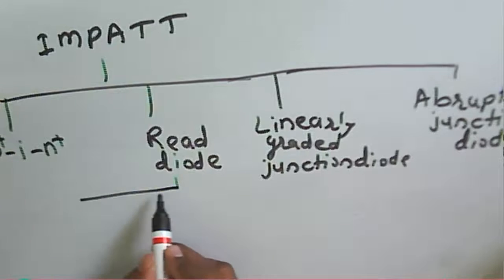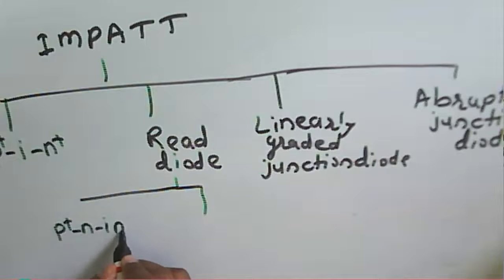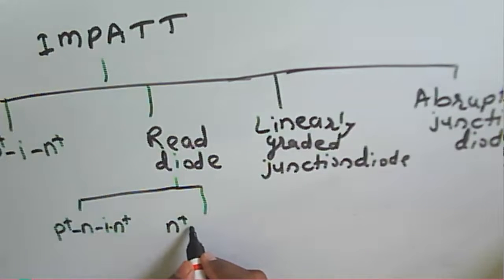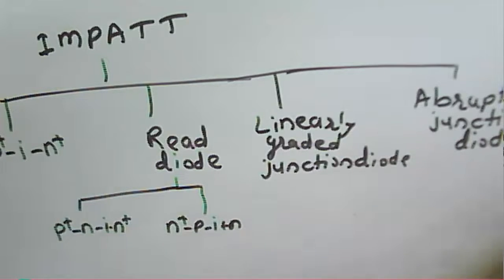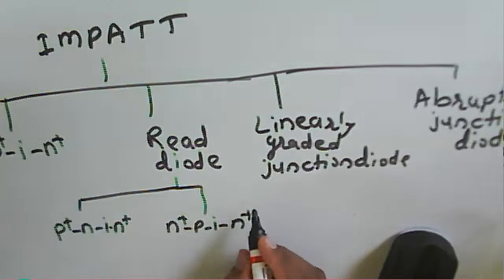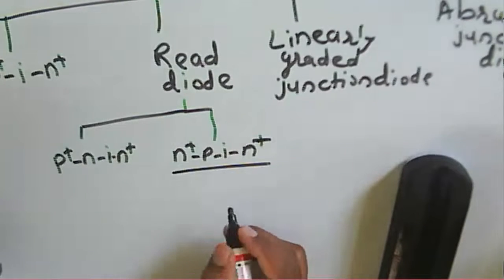So we have seen today the read diode. Okay, so there are two types we have to consider, the I, N plus here, and what we have seen right now is N plus P, I, and N plus. That is what we saw today. This one we have seen now.